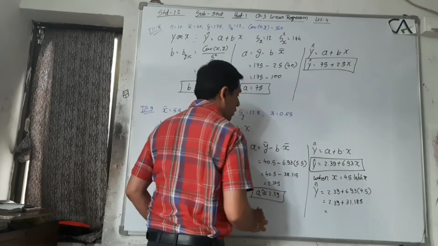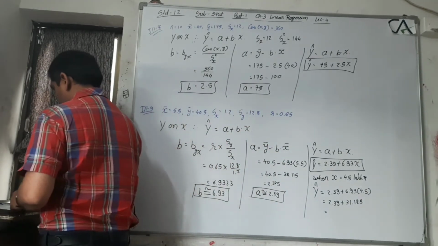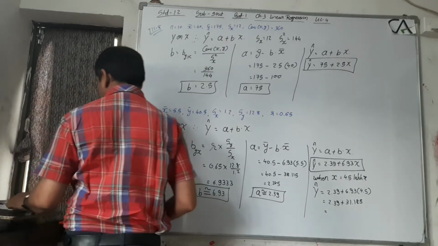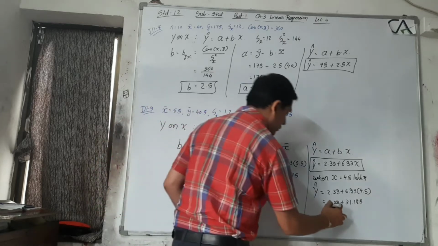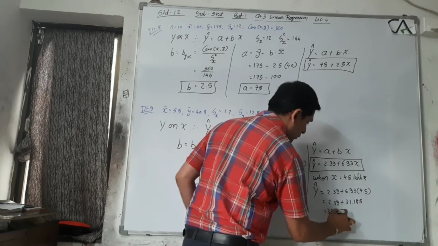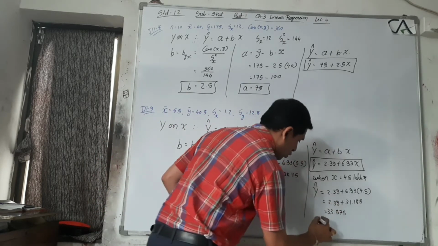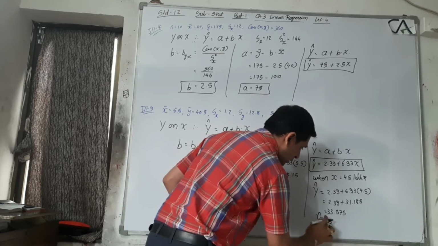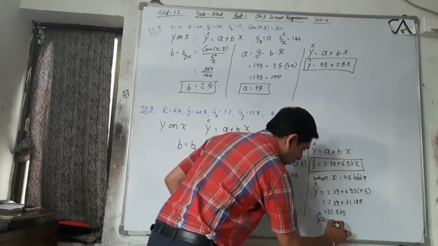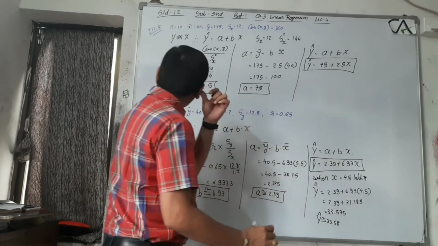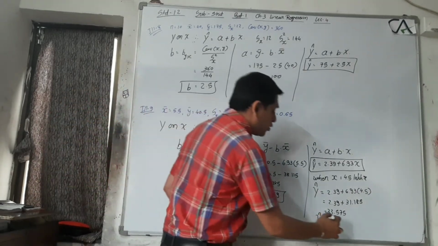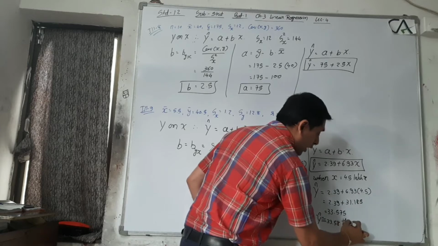Make the total, plus 2.39 is equal to 33.575. So your approximate investment is 33.58, but Y is given in 1000 rupees, so you have to write it in thousand rupees.